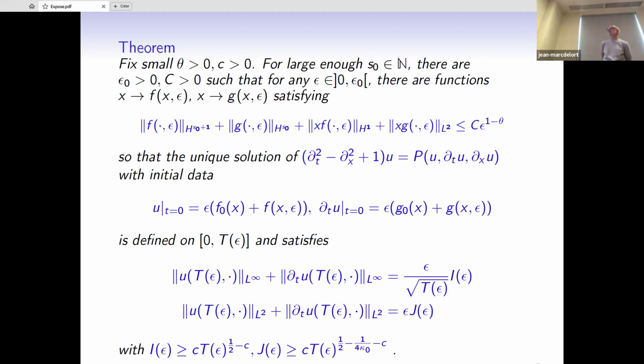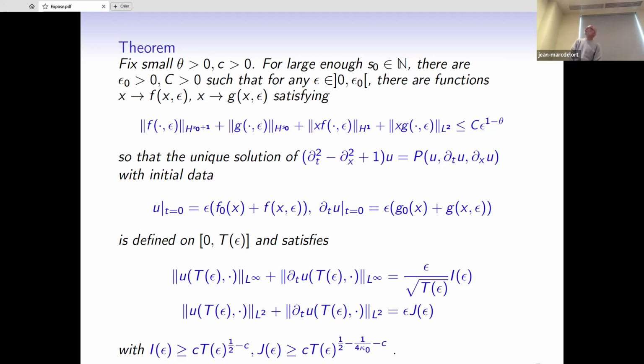I take it large enough. And I find then constants, epsilon 0 and c, such that the following holds true. For any small epsilon, I may construct functions, which I will call perturbations, which enjoy the following properties.